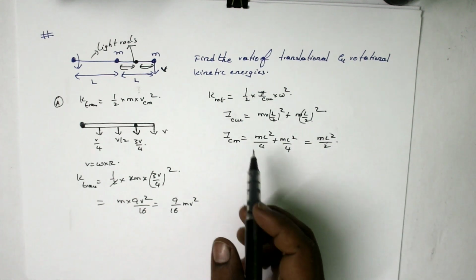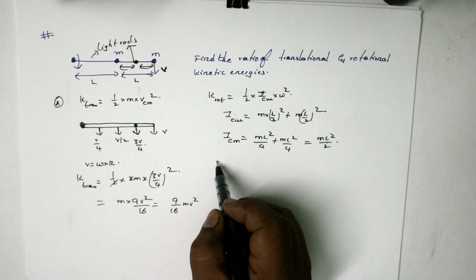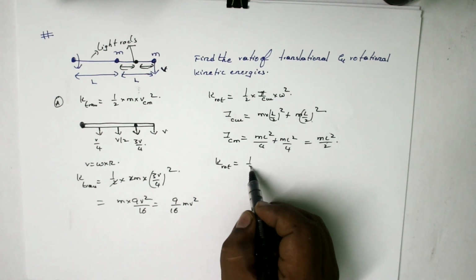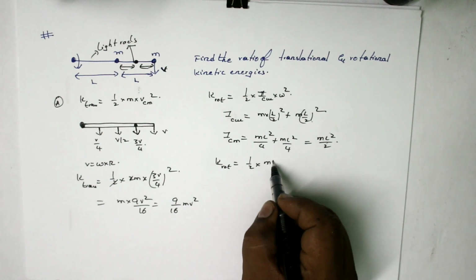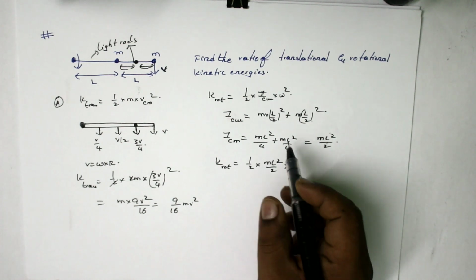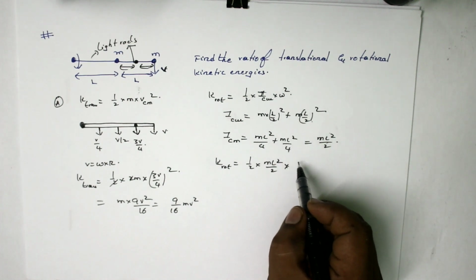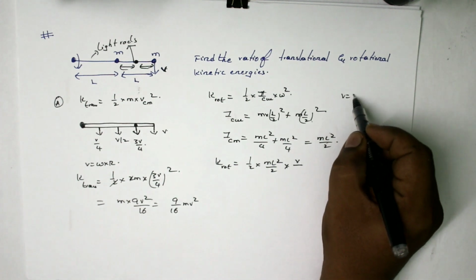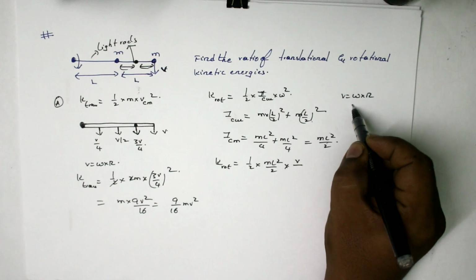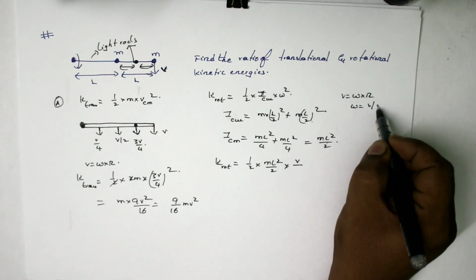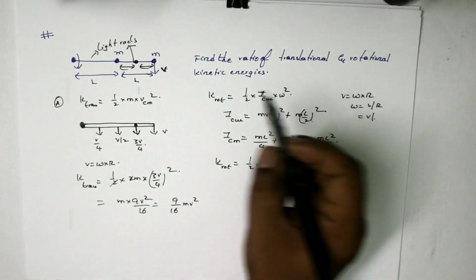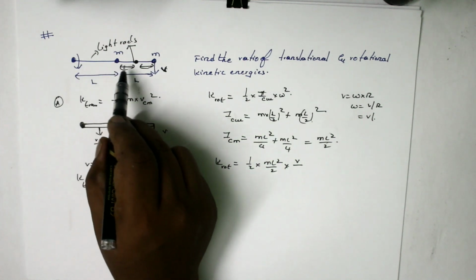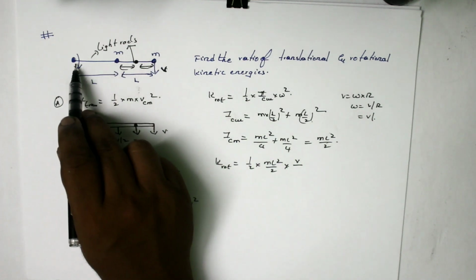Now if I substitute in the rotational kinetic energy, K rotational is equal to half into I center of mass, which is ml square by 2, and omega can be written as v by r, since v is equal to omega into r. This end point has a velocity of v at a distance of l plus l, 2l from the axis.